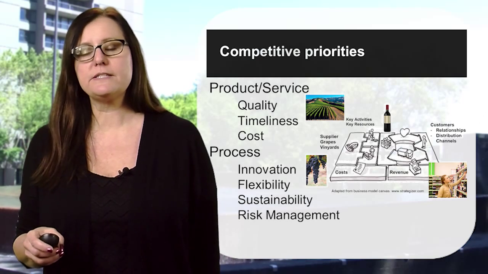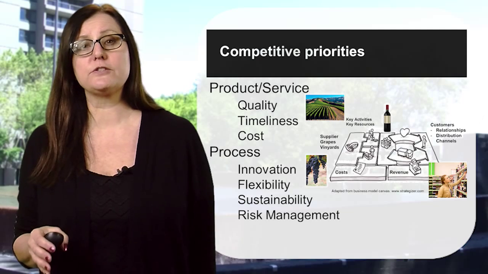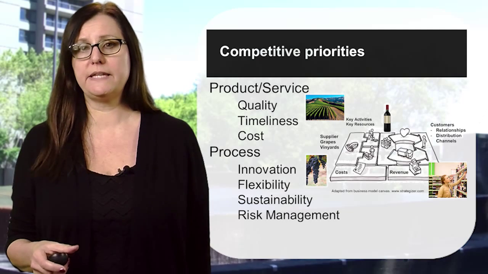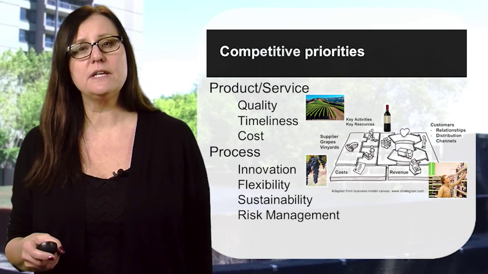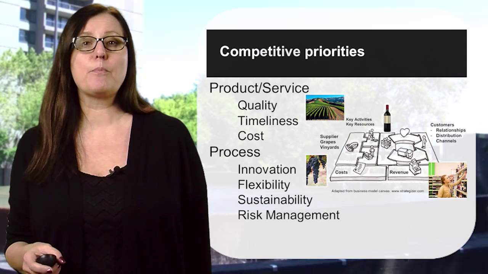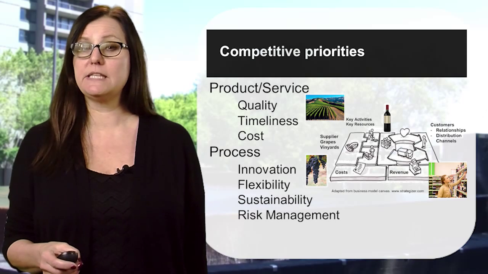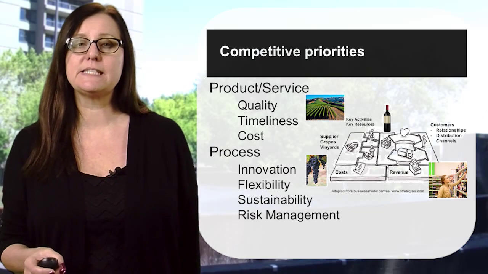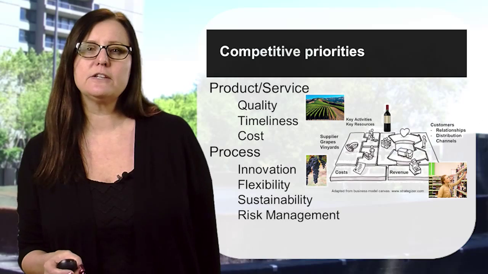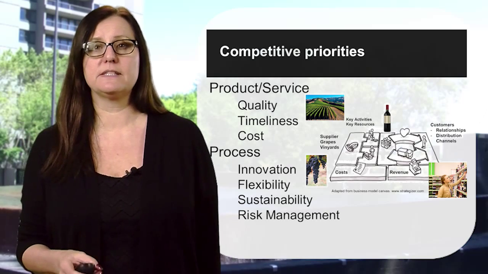Some of the priorities you need to be focused on from a product service perspective would be quality, timeliness, and cost. Now from a process perspective, we want to be looking at designing value into the innovation, flexibility, sustainability, and really taking a look at the risk management systems.